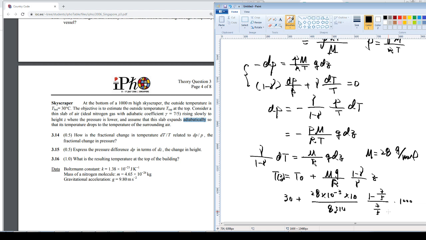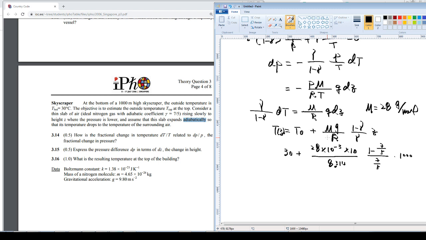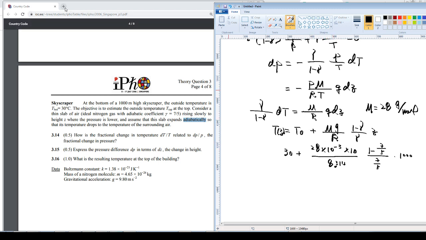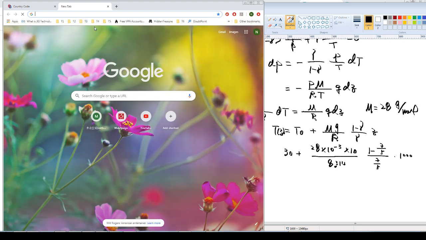It shouldn't matter because that's a difference term, right? That is a delta. That's a delta. It's not absolute temperature. The second term. I mean, we can try this quickly. Let me put this into Wolfram Alpha.